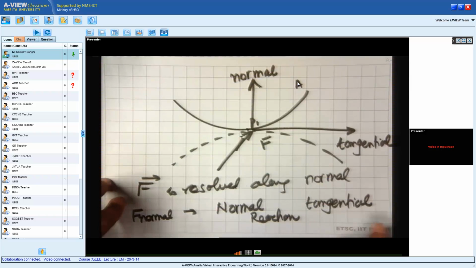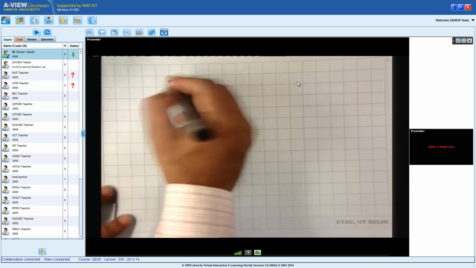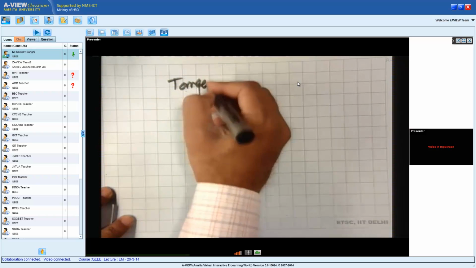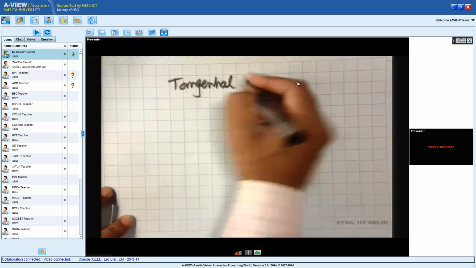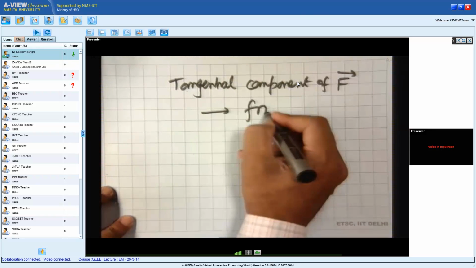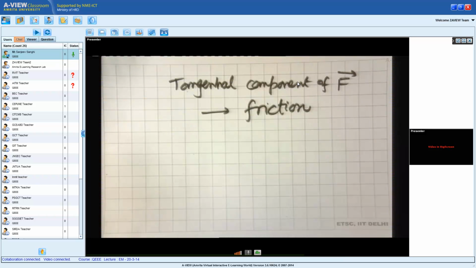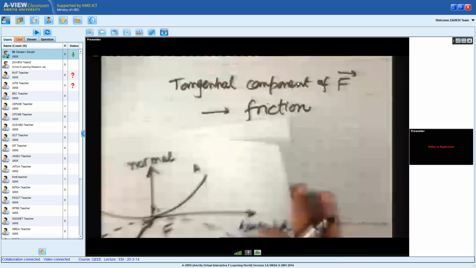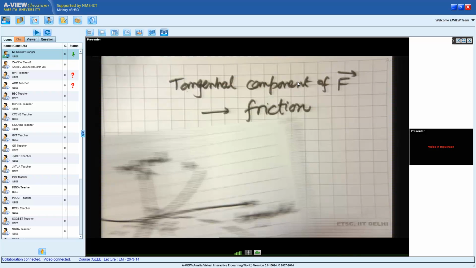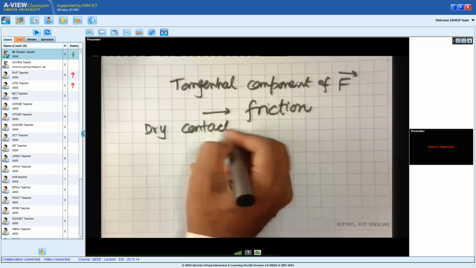And the tangential component of F is what we term as the frictional force.